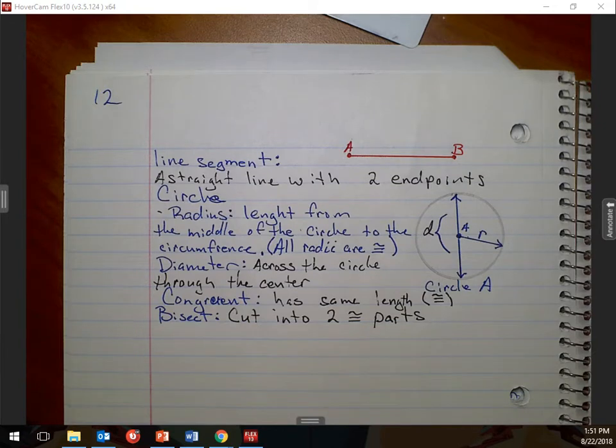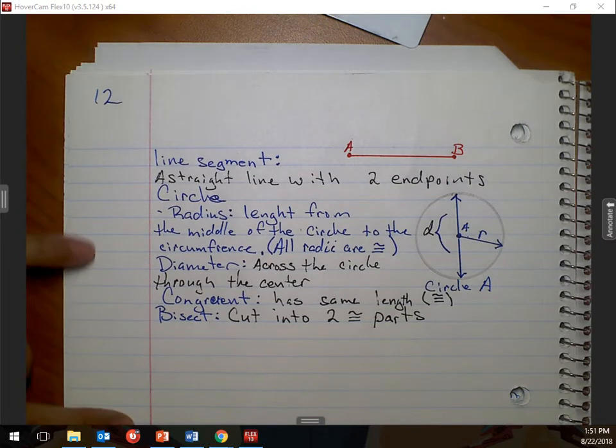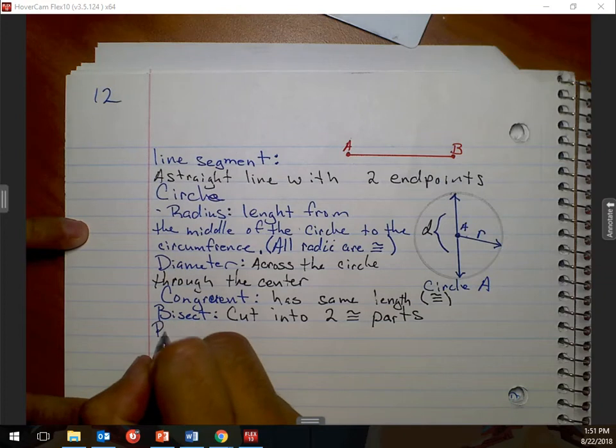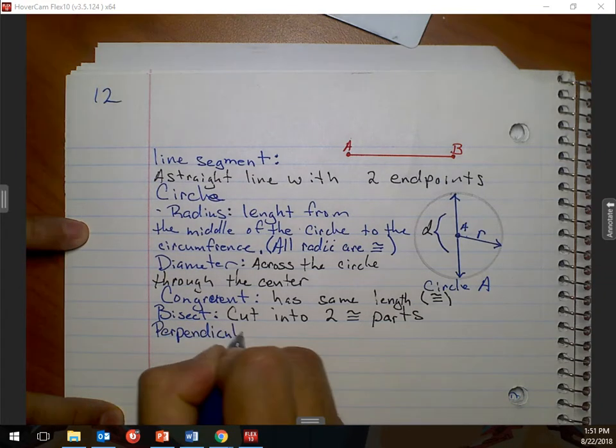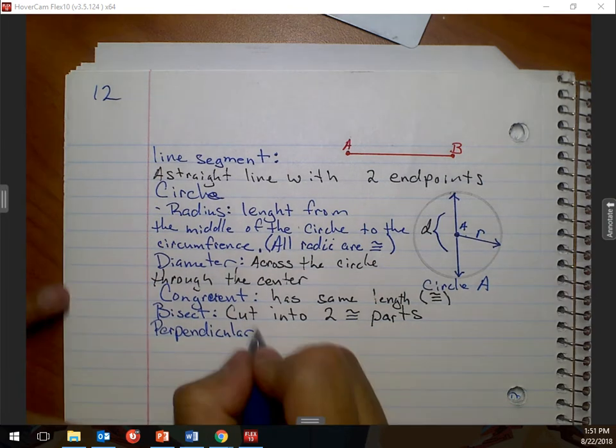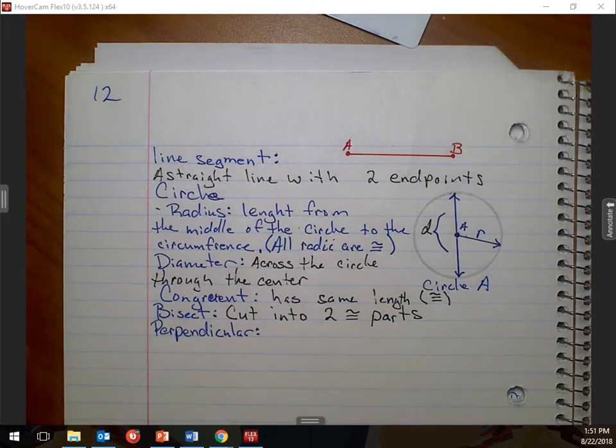All right, let's take a look at the next one. So that one's bisect. Okay, now my next one here is going to be perpendicular. Now, we talked about this one already. What is perpendicular?